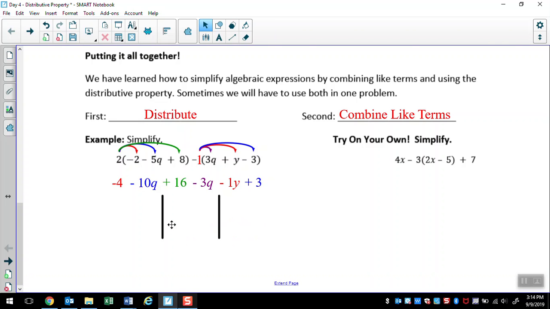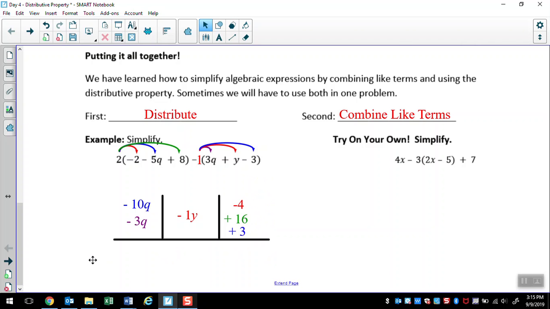I'm going to start with my Q, because alphabetical order, Q comes before Y. So I'm going to take my Q's and bring them down here together. I'm going to make this one for my Y's. And then this last one is going to be my constants. Doesn't matter which order they go in, but I'm just going to list them all in there. Now I can draw my line, and now I can add them together.